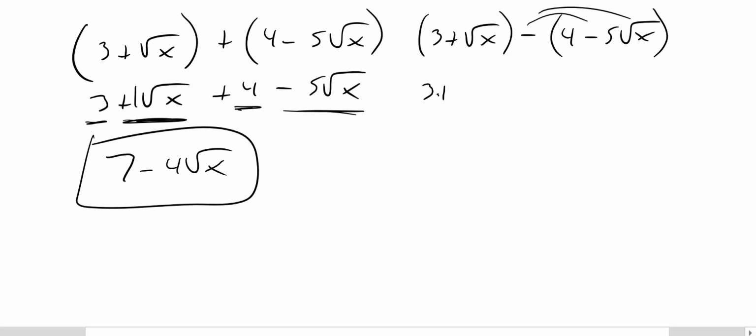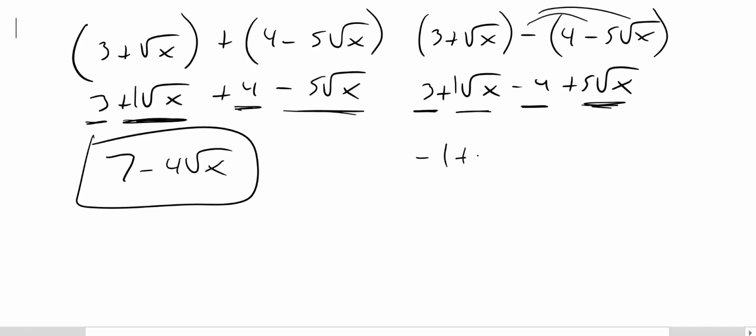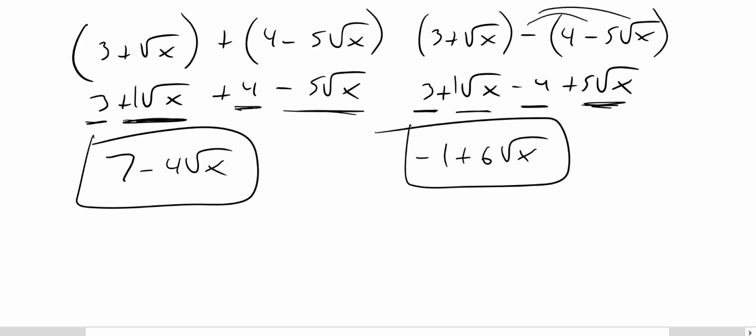So we get 3 plus the square root of x. Distributing that is minus 4, and then plus 5 square root of x. Okay, so same thing as I did before, combine like terms. So 3 minus 4 is negative 1, and 1 square root of x plus 5 square root of x is 6 square root of x. And that's your answer. Okay, that's not too bad.